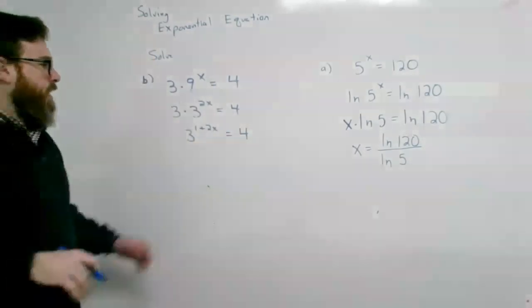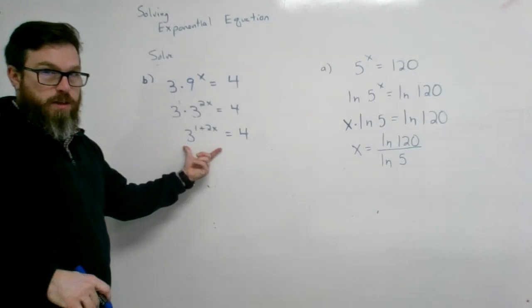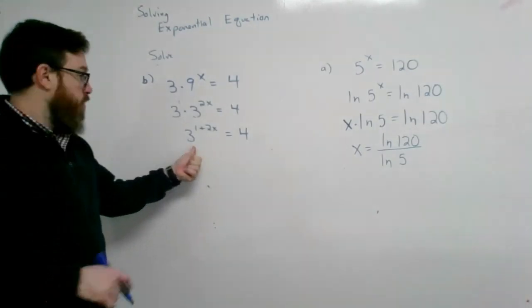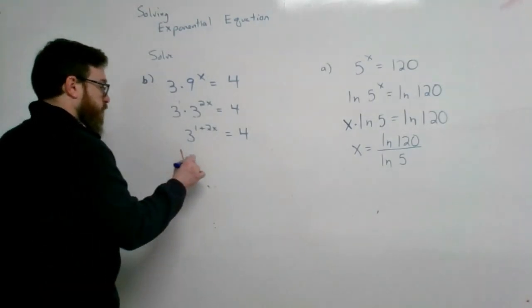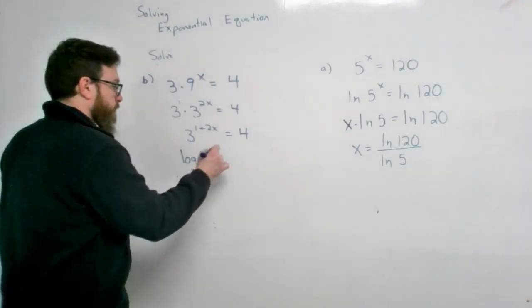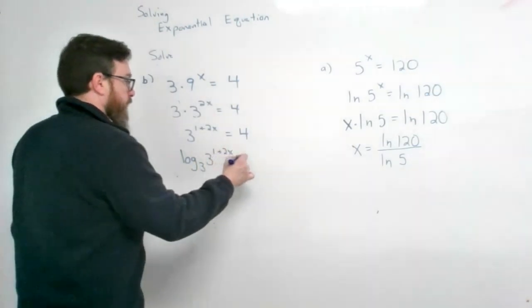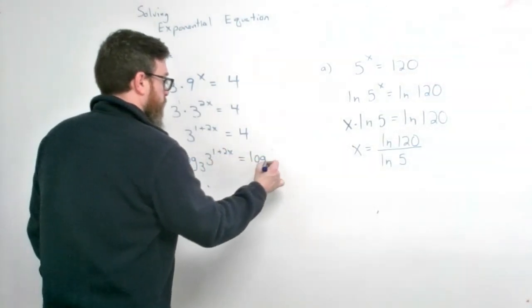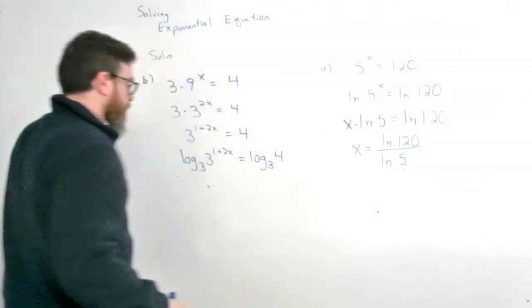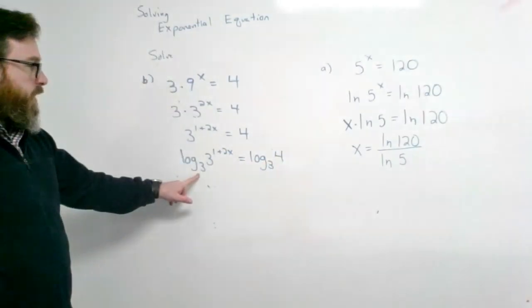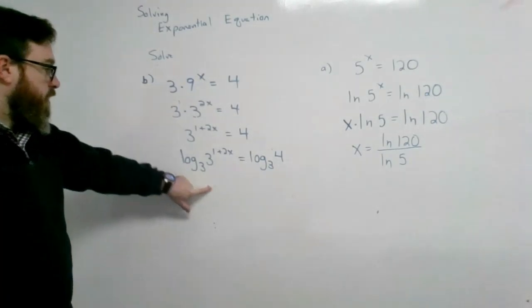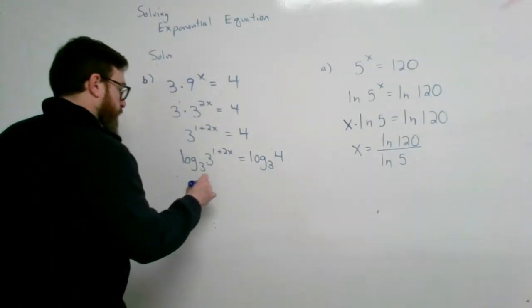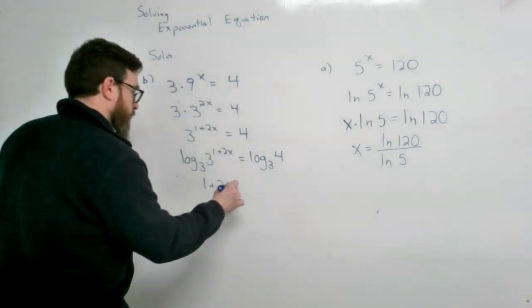Now, what I can do is use the inverse of exponential base 3, which is going to be log base 3. So log base 3 this side, and I can log base 3 this side. Log base 3 and exponential base 3 are inverses, so we'll isolate the exponent.